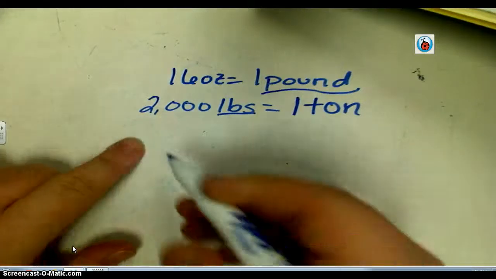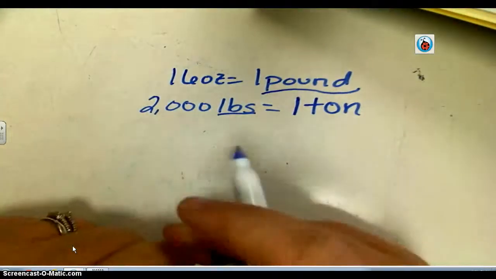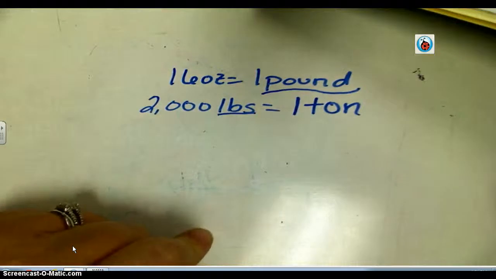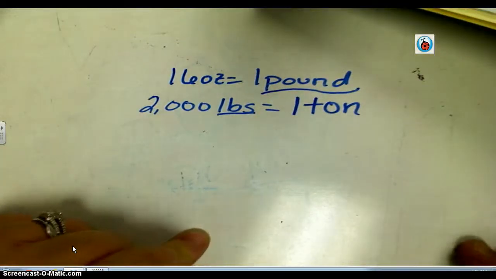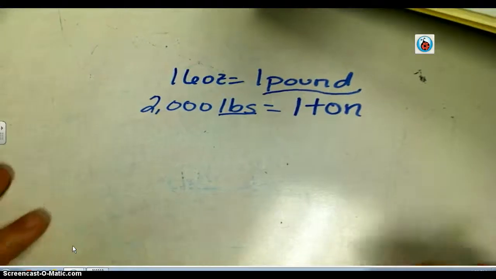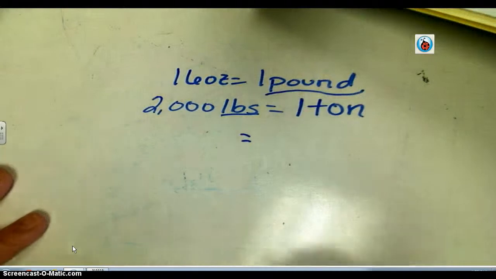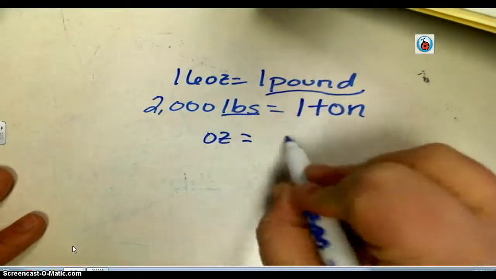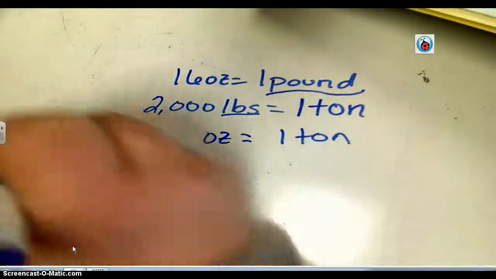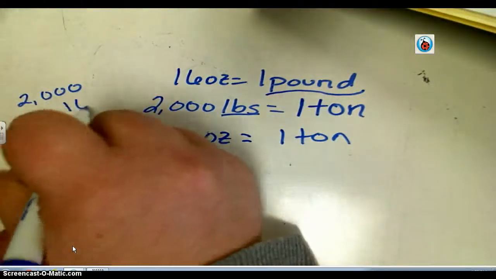Yeah, because I'm going to need 16 for pound 1, 16 for pound 2, 16 for pound 3, all the way till I get to 2,000. I could repeat addition that 2,000 times, couldn't I? Wouldn't make much sense, but I could do it. So, just out of curiosity, if I wanted to know how many ounces are in a ton, I would take 2,000 times 16.